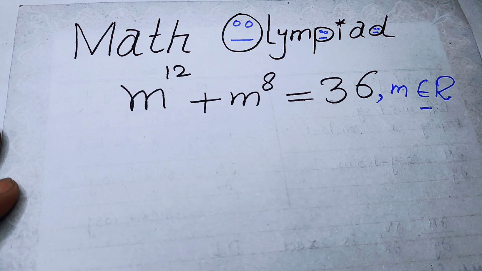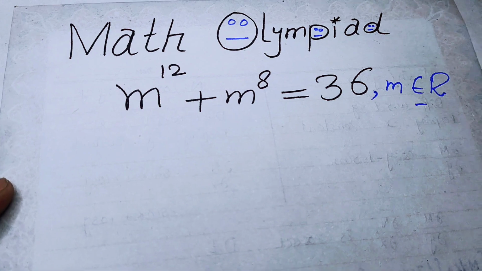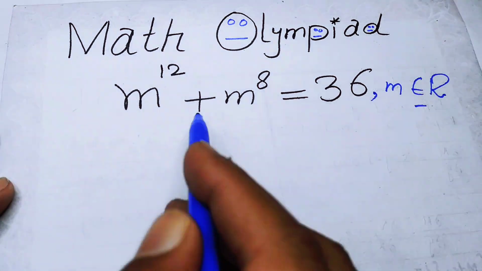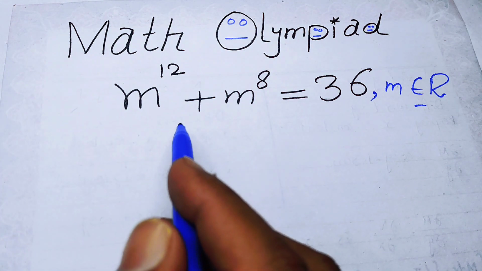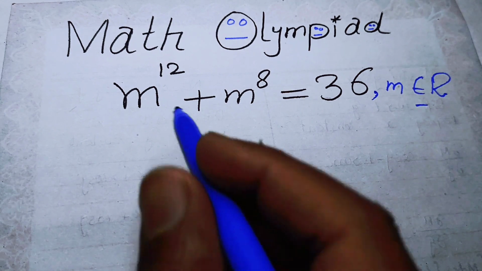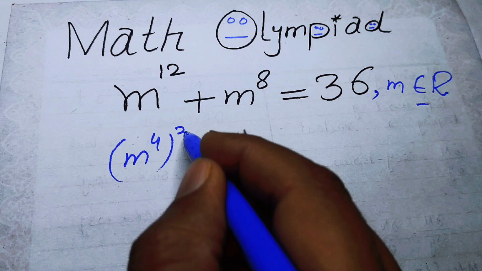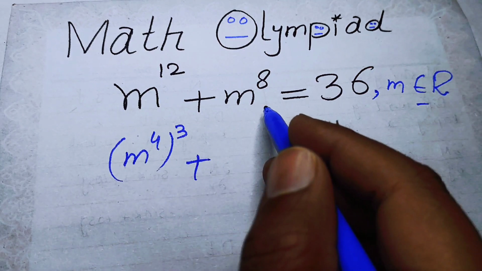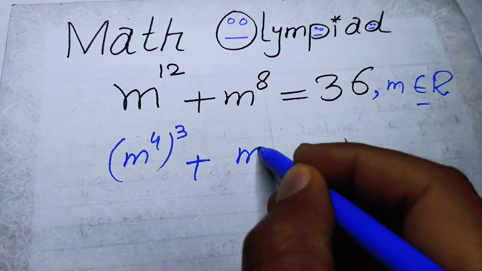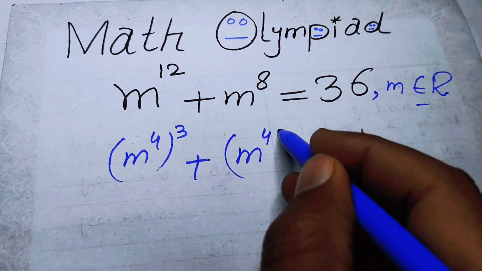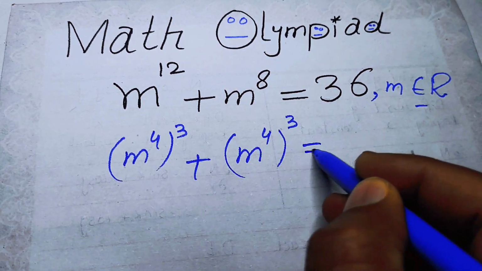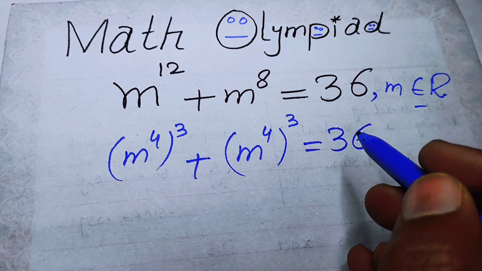Okay, so the very first thing we are going to do is write m to the power of 12 as m to the power of 4 whole power 3, plus m to the power of 8 as m to the power of 4 whole power 2, is equal to 36.